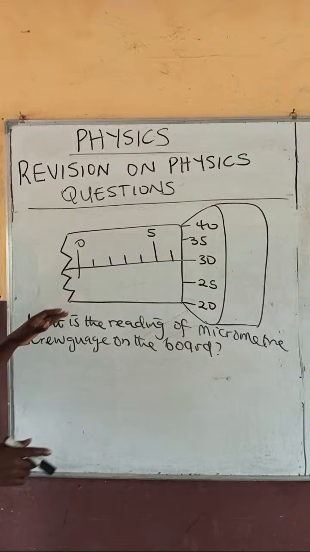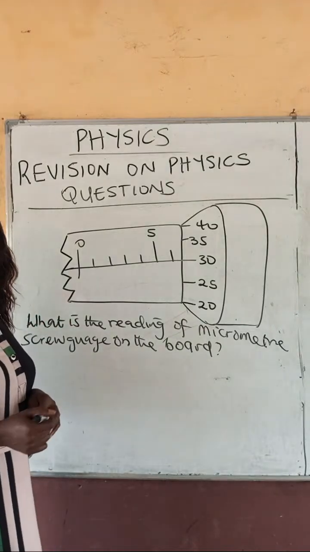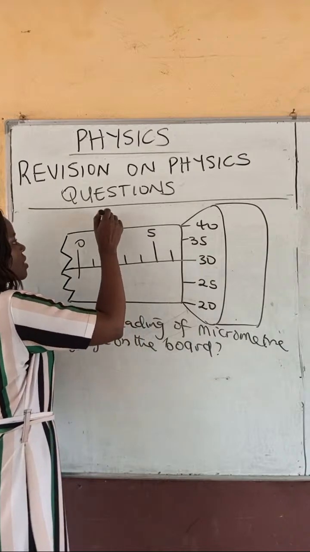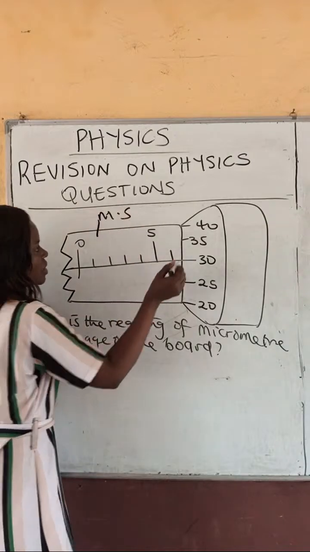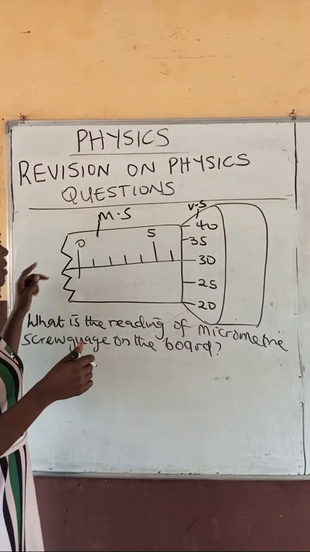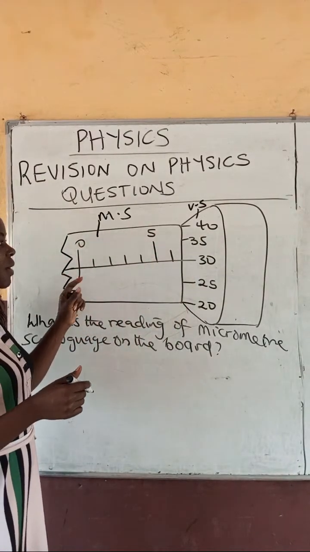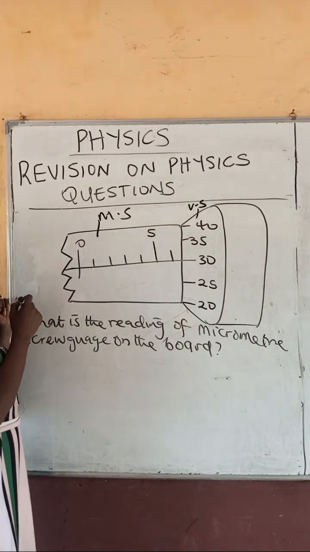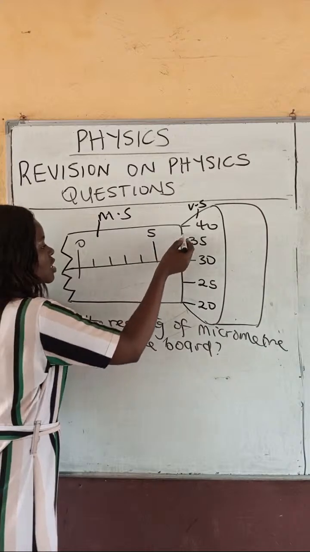Okay, so this is a portion of a micrometer screw gauge on the board. From here to here is my main scale, while this is the Vernier scale. Now, if you want to take the reading on the main scale, you have to read to this point.